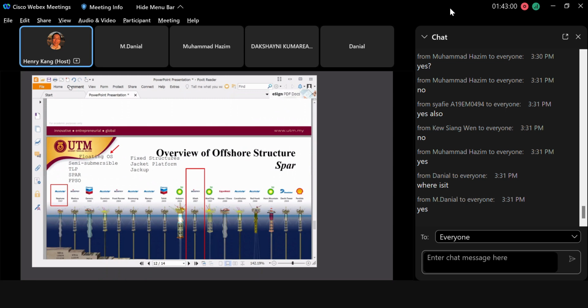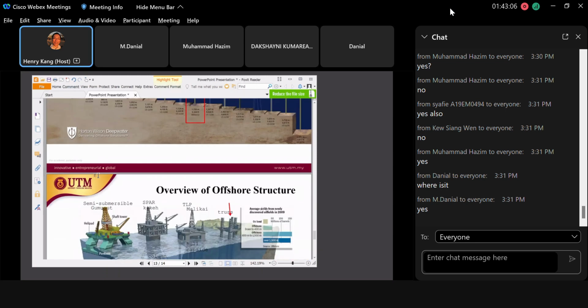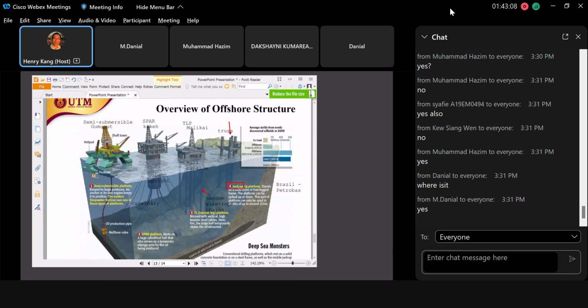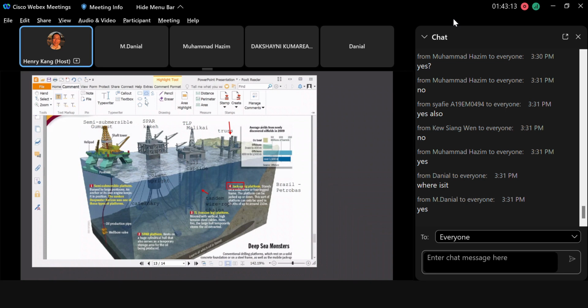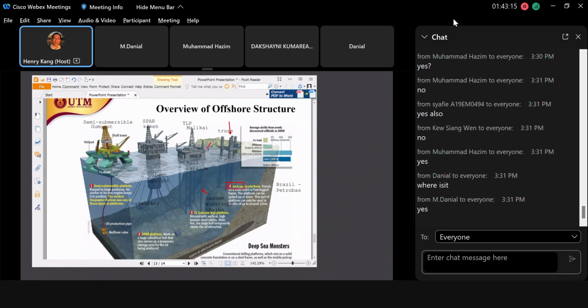We have all of these four types in Malaysia. And the major hull for the TLP and for the Kumusut was built in MMHE.